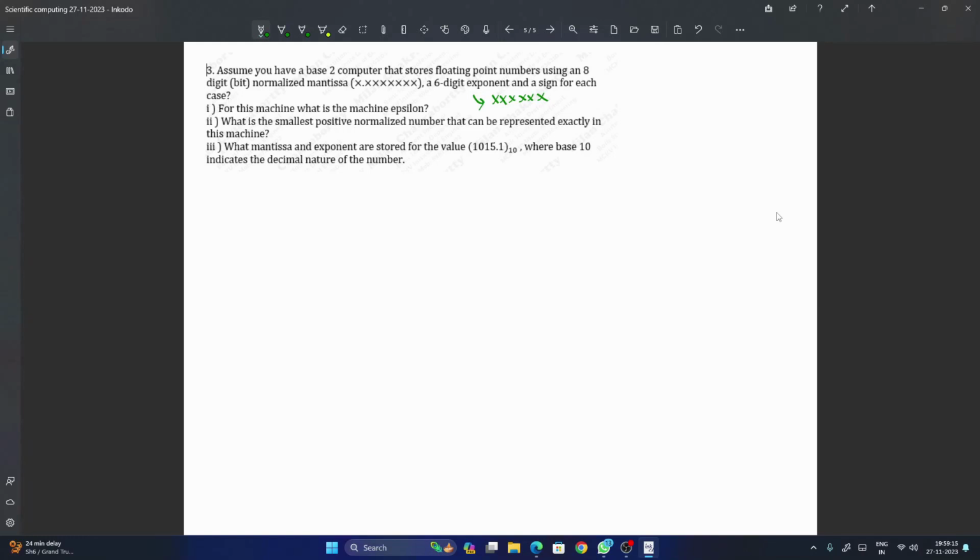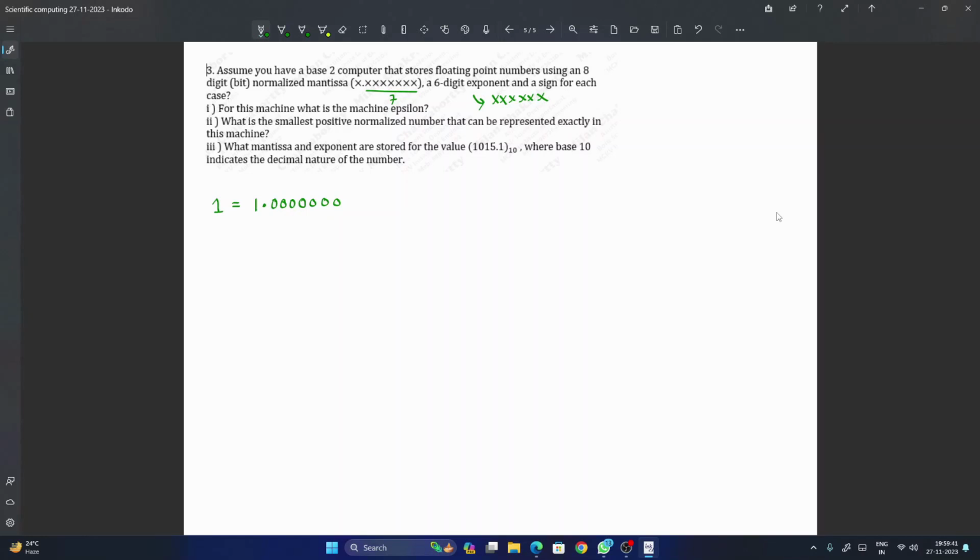So first of all, in this system, if you take the number 1, it will be represented as 1 point, then 7 zeros, because here you can see that a total of 7 spaces are there for filling.